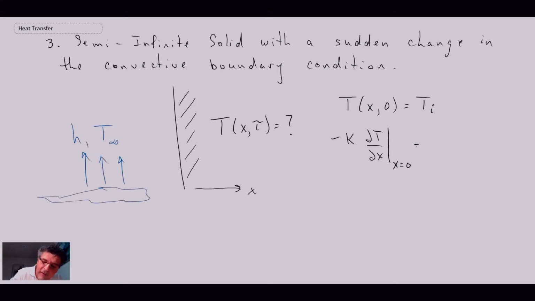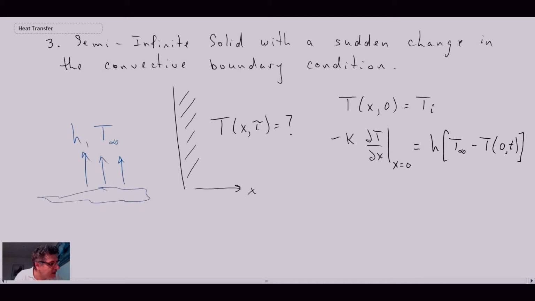So right when you come inside of the solid, the slope of the temperature is going to be related to the convective heat transfer. And we have to account for the fact that the surface temperature can change with time. And so we do T at x equals 0, and for time as time evolves.